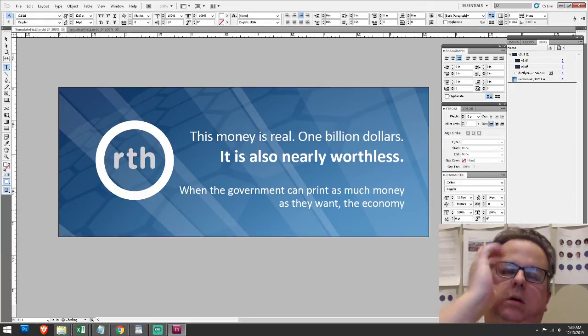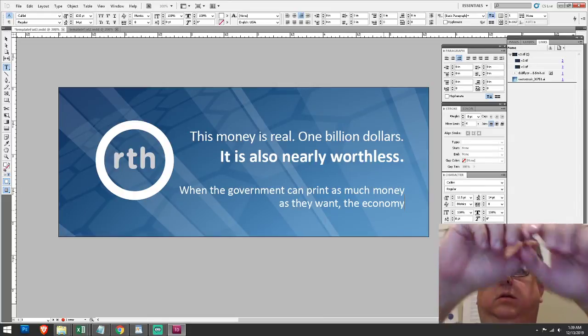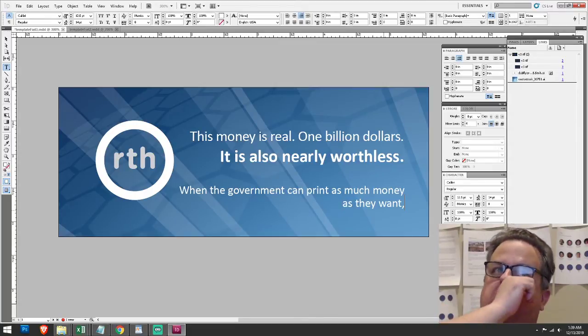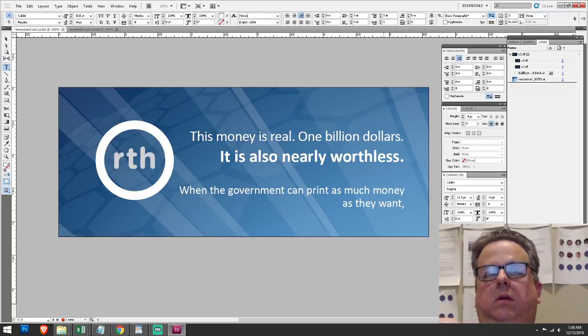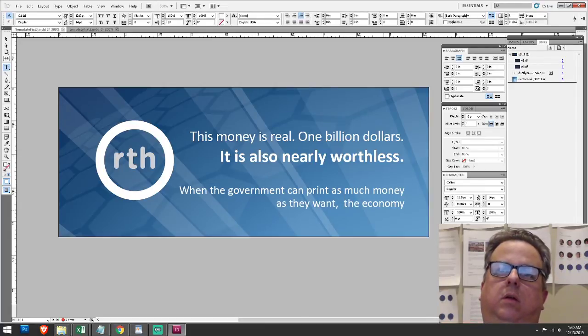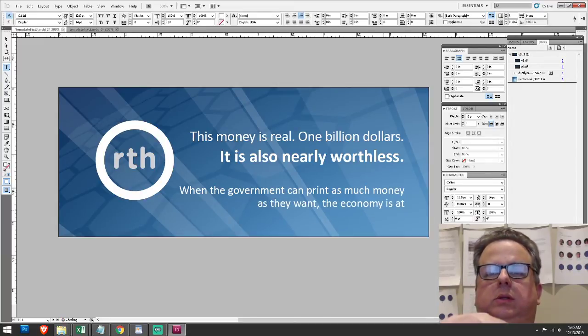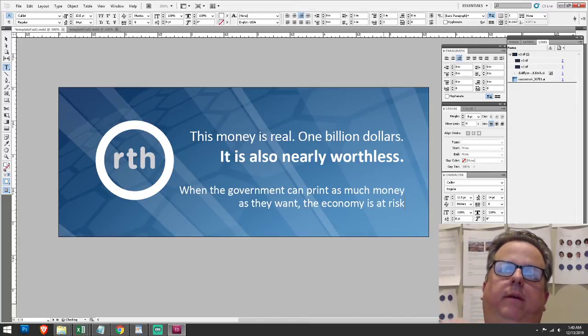The economy, when government can print as much money as they want.